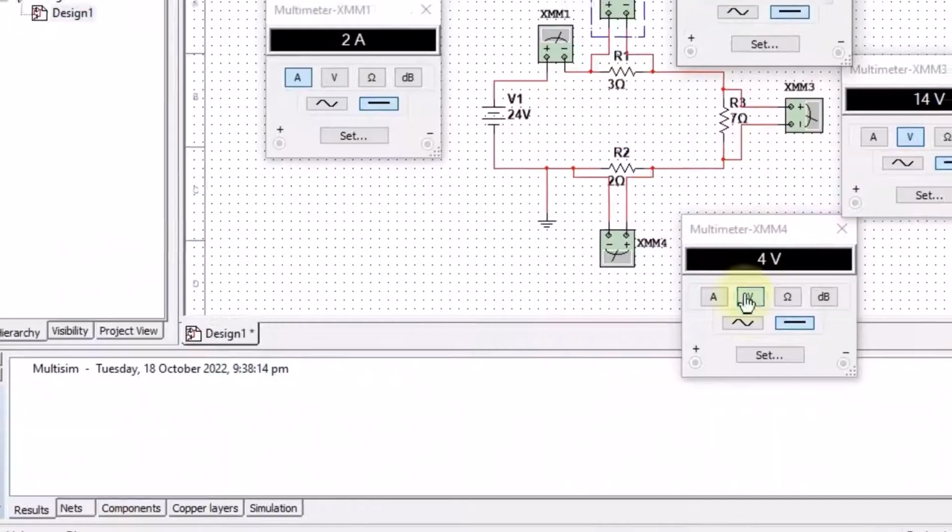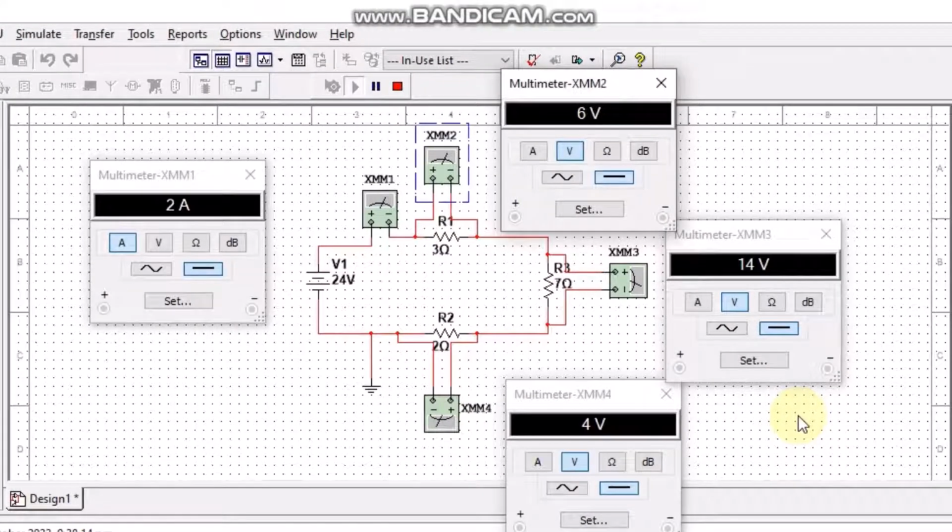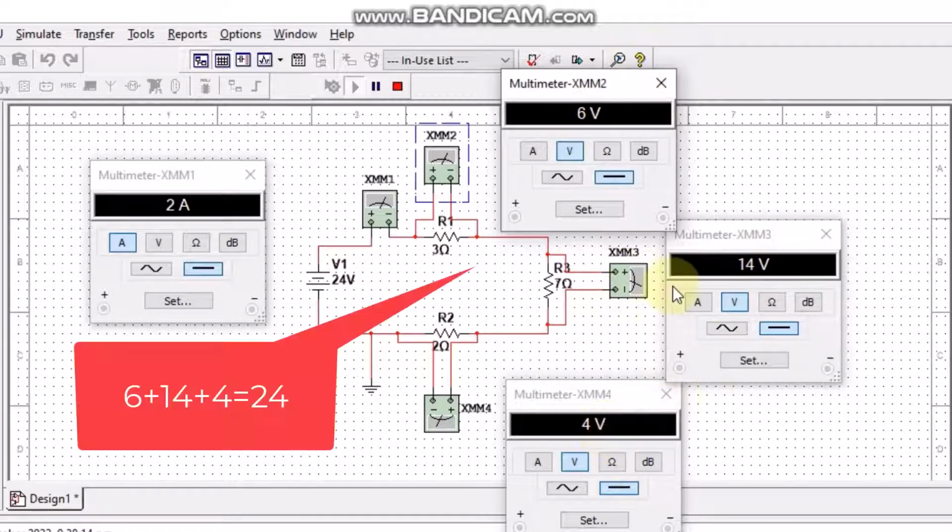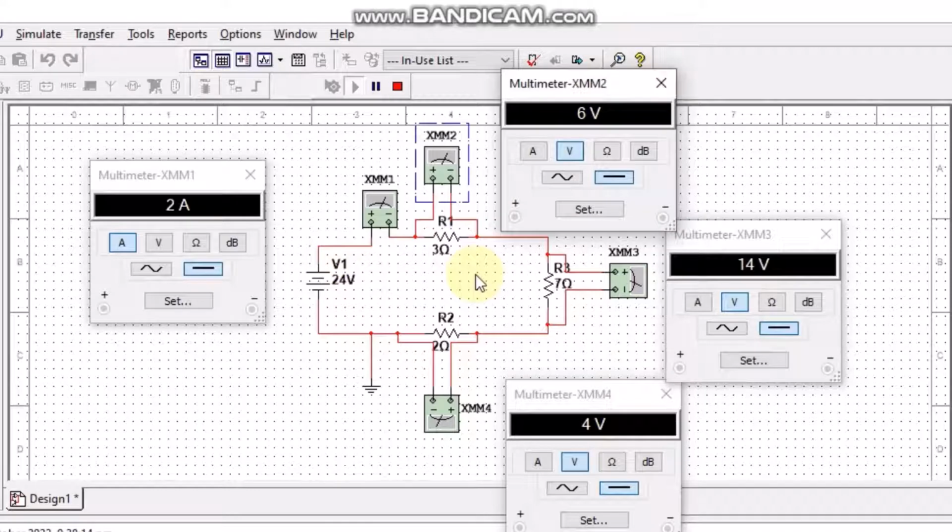That is the answer which we wanted to see here. We can also see that the source is 24 volts, and adding them together, 6 plus 14 plus 4 is 24, which satisfies Kirchhoff's voltage law.